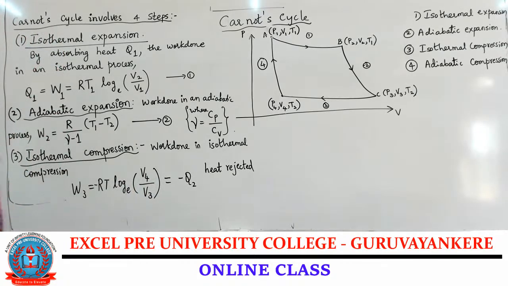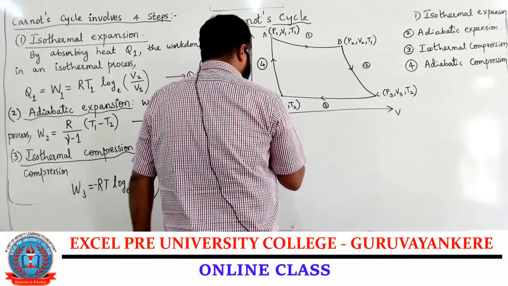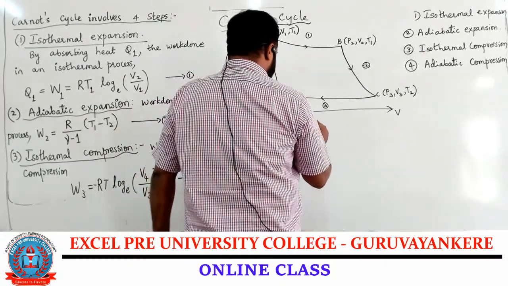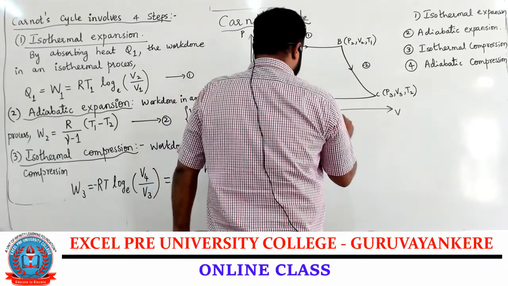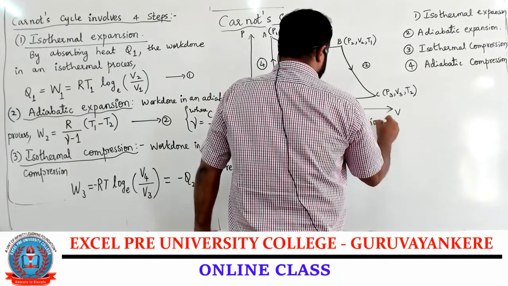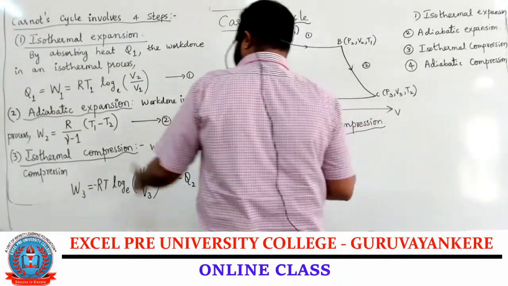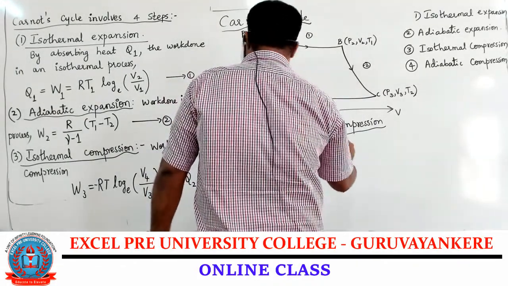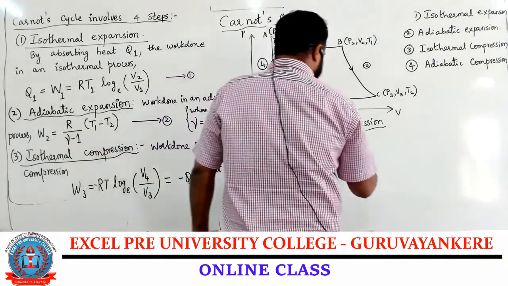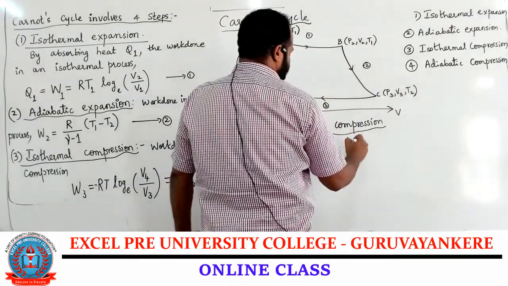Okay, hope it is clear. Next, the fourth process is obviously adiabatic compression. Adiabatic compression, which states W4, that is work done in an adiabatic compression, is R by gamma minus 1, and the temperature change is from T2 to T1.